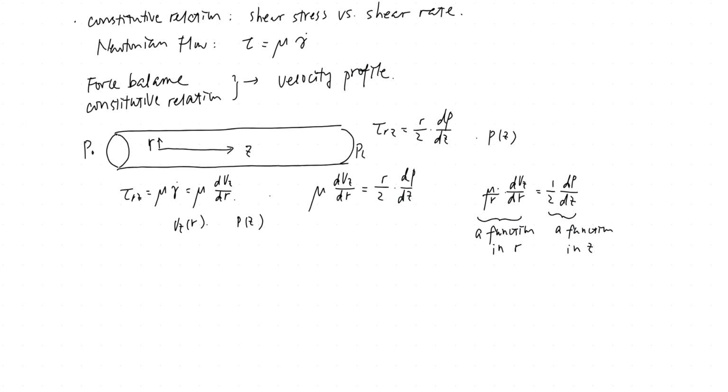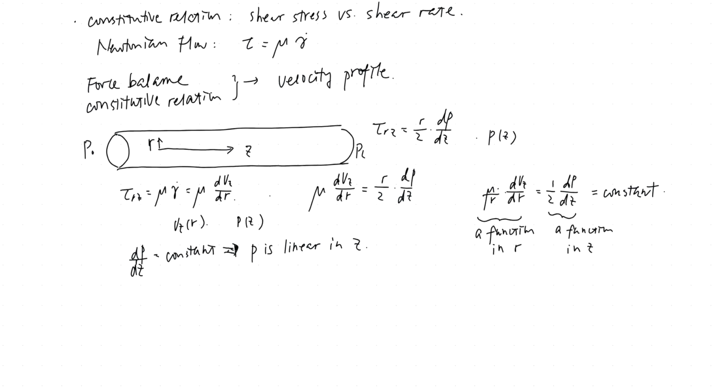That's impossible. So the only thing that can happen is they equal a constant. It's a constant, which also means dp dz is a constant. So this tells us p is linear in z.